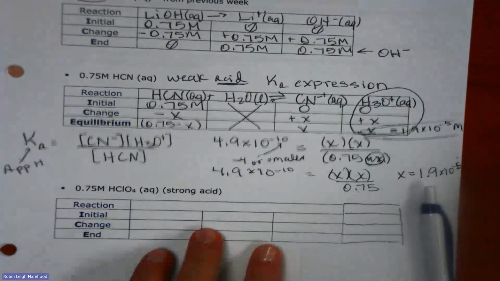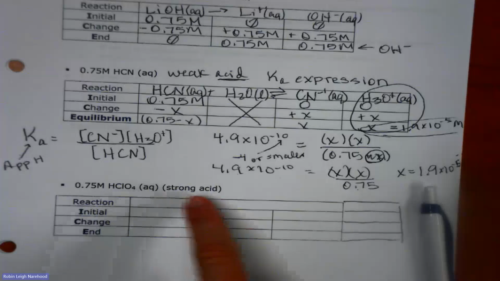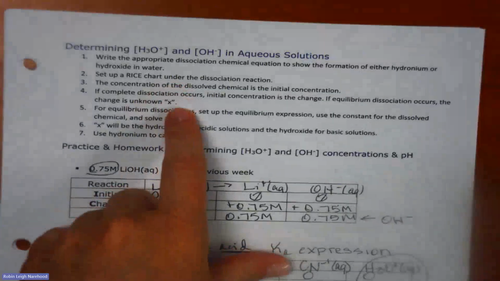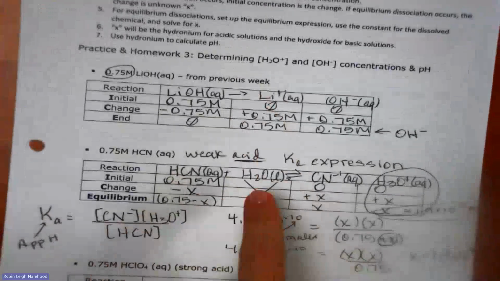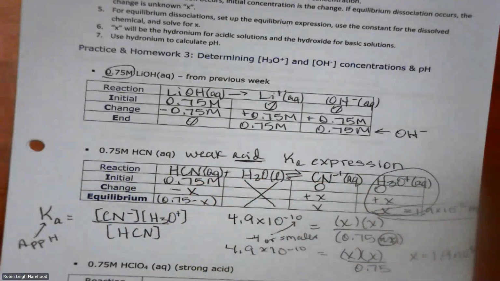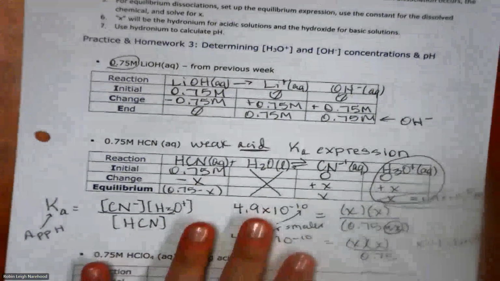But for both of these tables, write the dissociation. All of these things are going to be acids or bases. Write the dissociation and then fill in the chart using the guidelines. I did one to the end and one equilibrium here. If it's a base, it would be a Kb. If it's a strong acid, it does not have a constant because it's not an equilibrium. Okay.